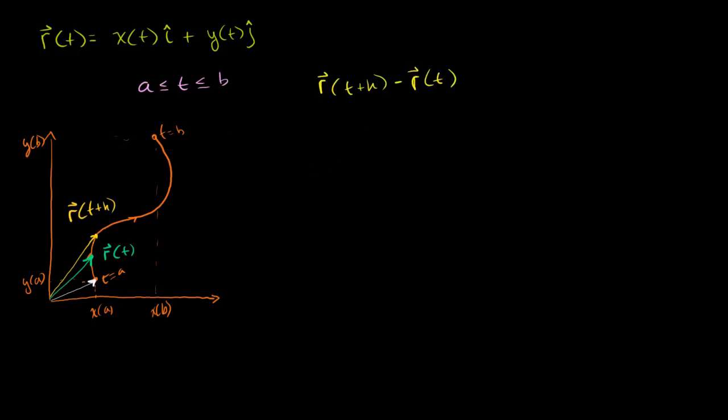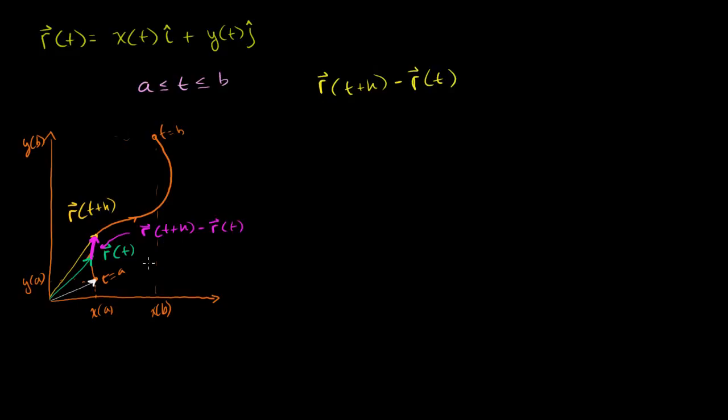Well, you might want to review some of your vector algebra, but we're essentially just going to get this vector. Let me do it in a nice vibrant color. We're going to get this vector right there that I'm doing in magenta. That magenta one right there is the vector r of t plus h minus r of t.